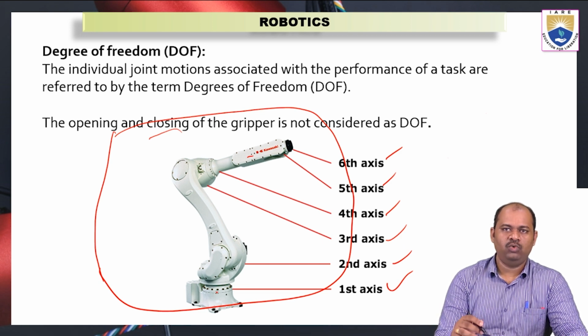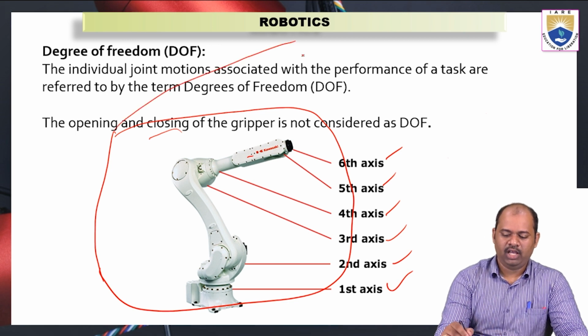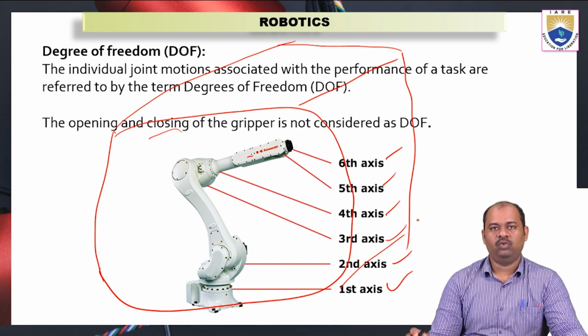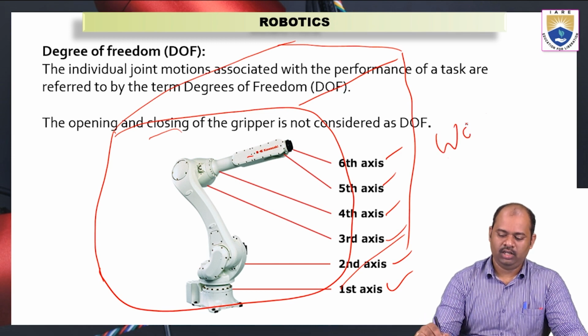Robots can move in a volume created around them. This volume is fixed for the robot, and this entire volume where the robot can freely work and reach is called the robot work envelope.